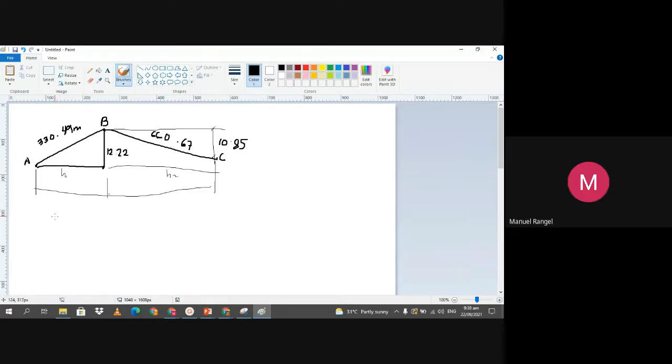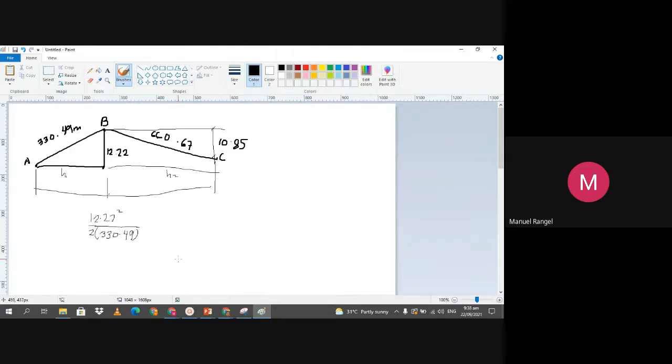So that is 12.22 squared divided by 2 times 330.49. So that is the slope correction for gentle slope.